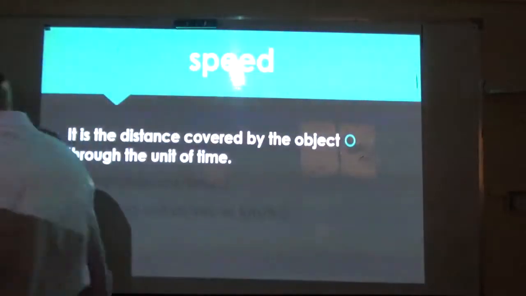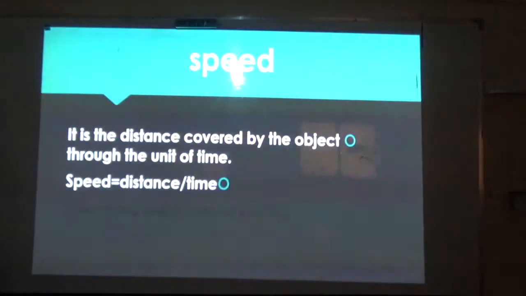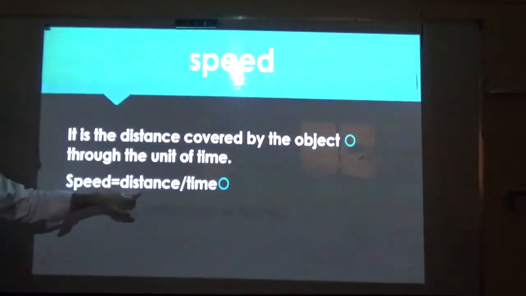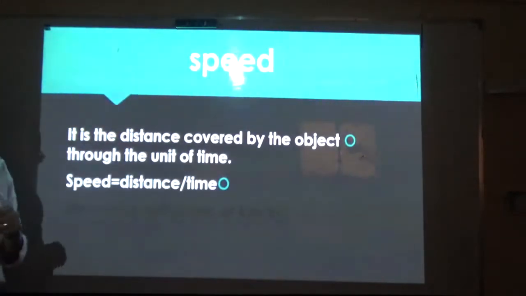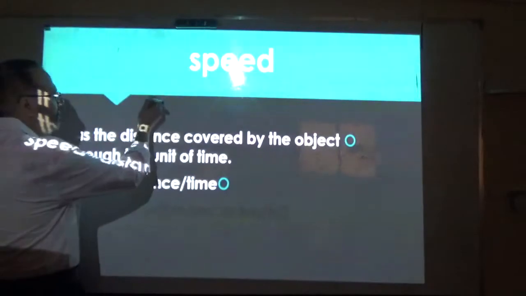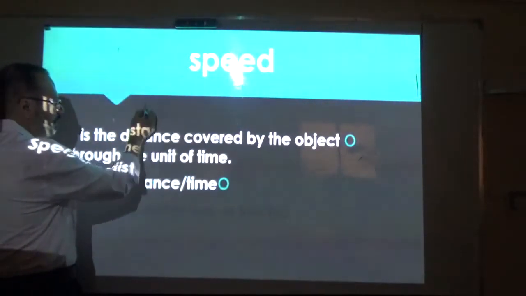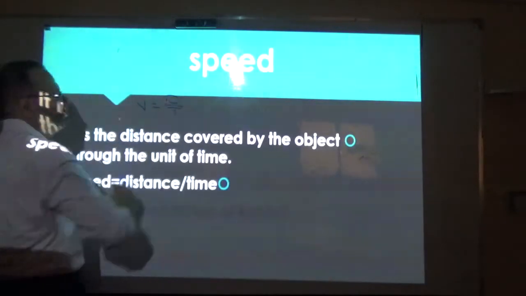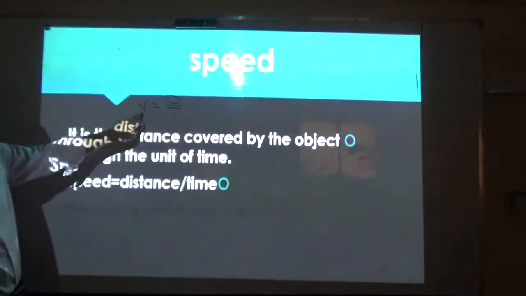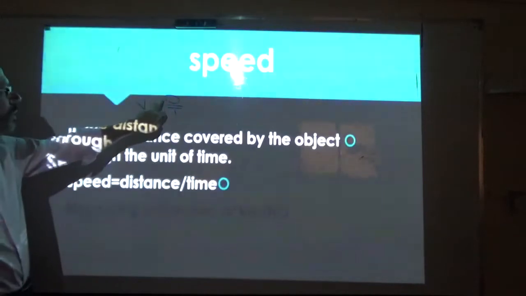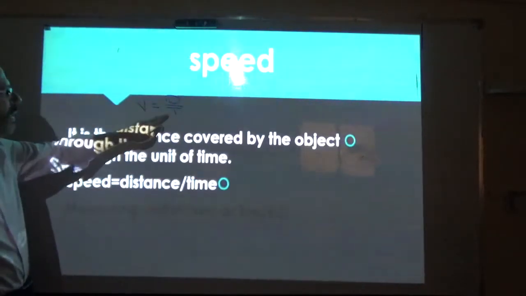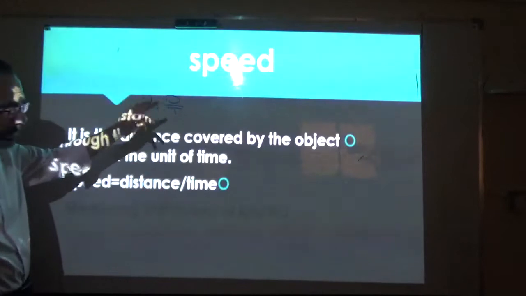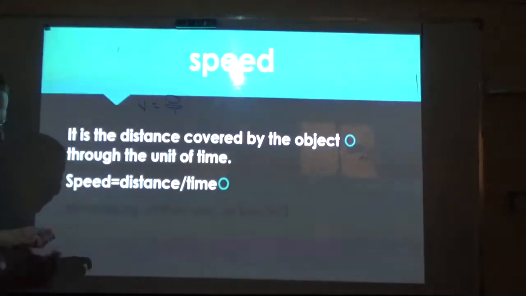So the rule of speed is distance over time. V equals D over T. V indicates speed, D indicates distance, and T indicates time.